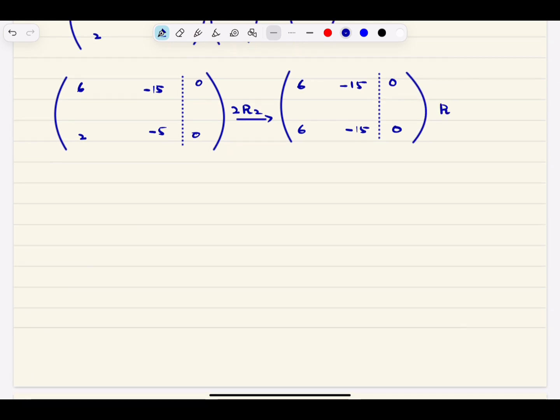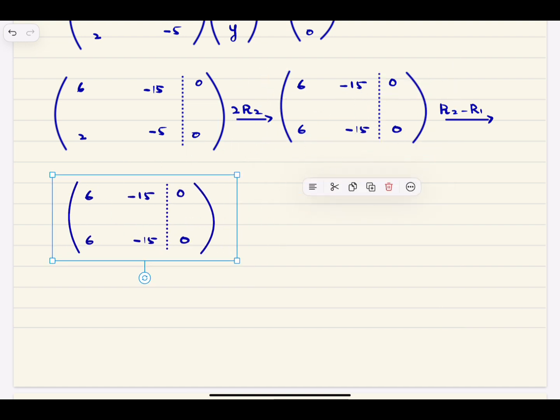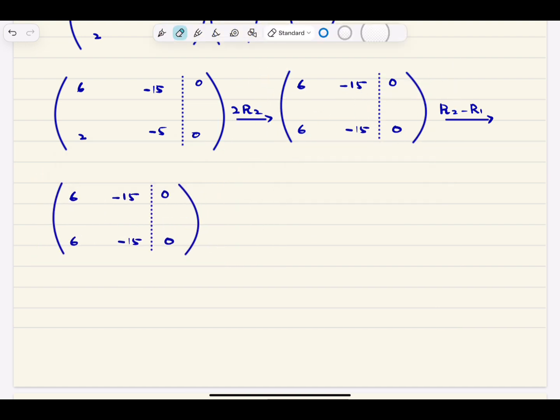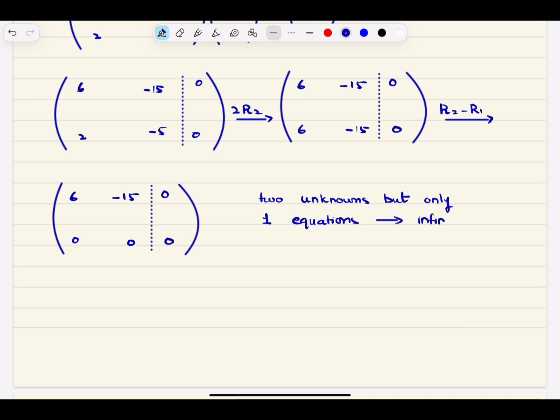Let me write it down. We have row 2 minus row 1. If I run this operation, then I'll be left with an all 0 row. This basically means that we have two unknowns but only one equation. We needed two equations, so therefore there are going to be infinitely many solutions.